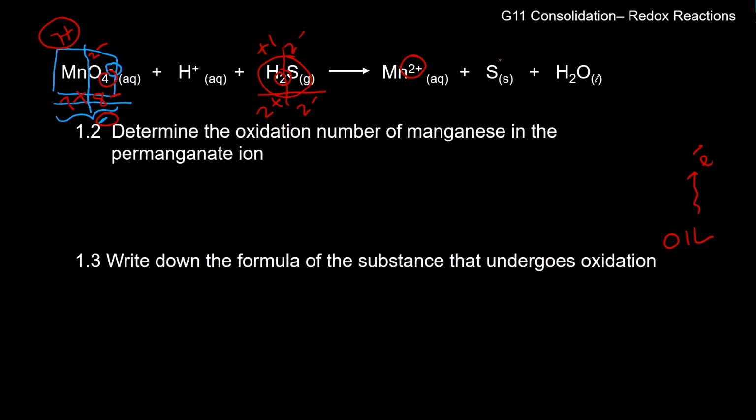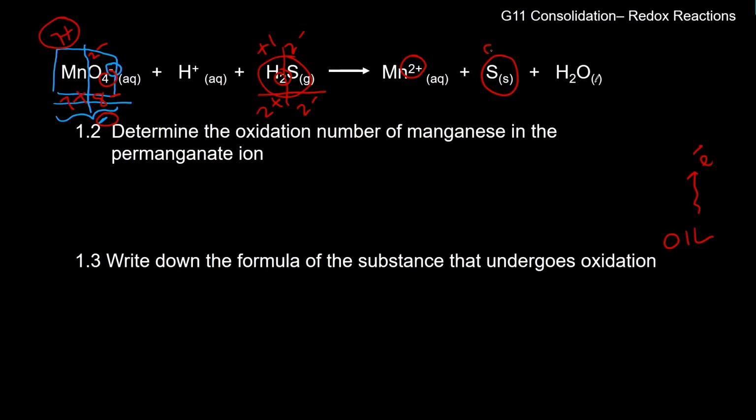What about sulfur on this side? Sulfur on this side is on its own. It's a pure substance, it's an element, and so its unit oxidation number is going to be 0. So sulfur in hydrogen sulfide is 2 minus, and it becomes 0. It becomes neutral, S0.